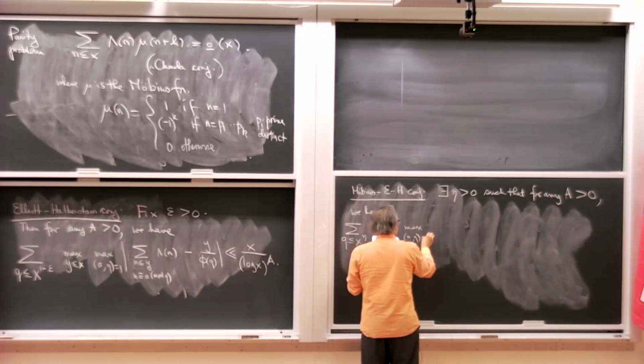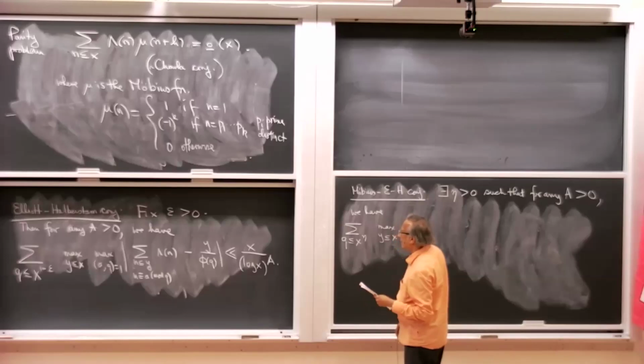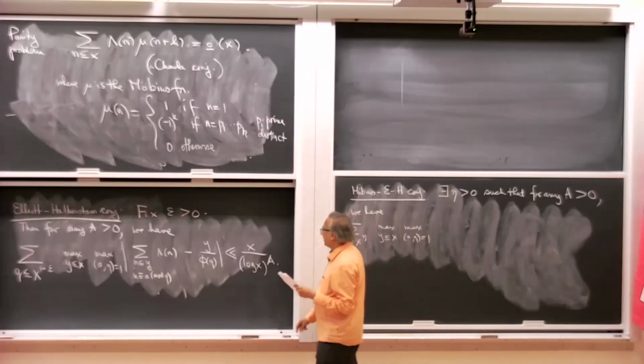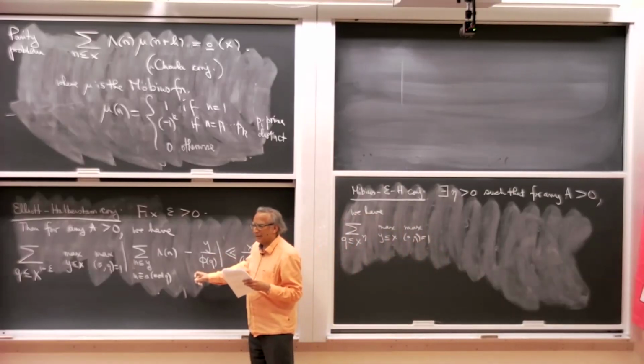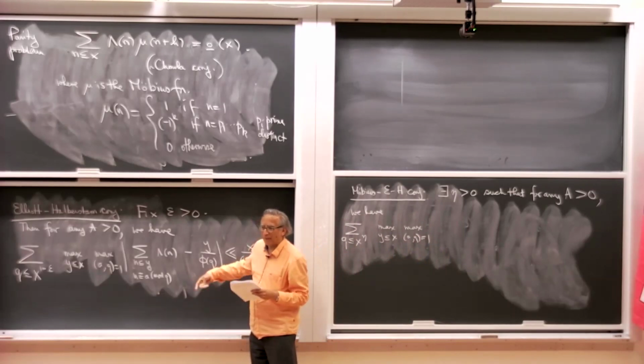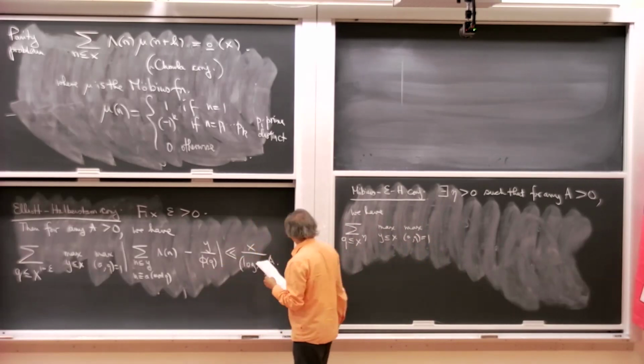Now you may wonder, what is all this max business? Why couldn't you just state it for x? It turns out this is a more convenient version, applicable in sieve theory.